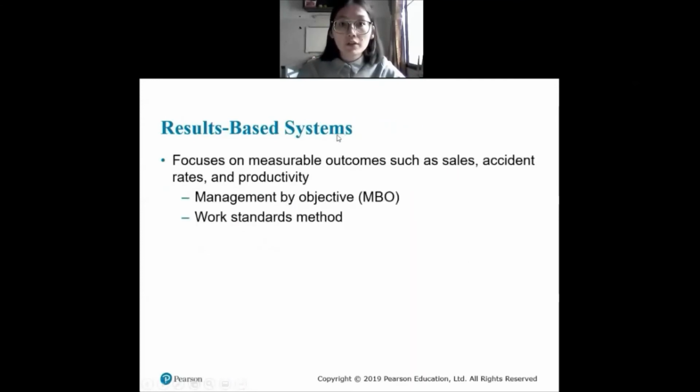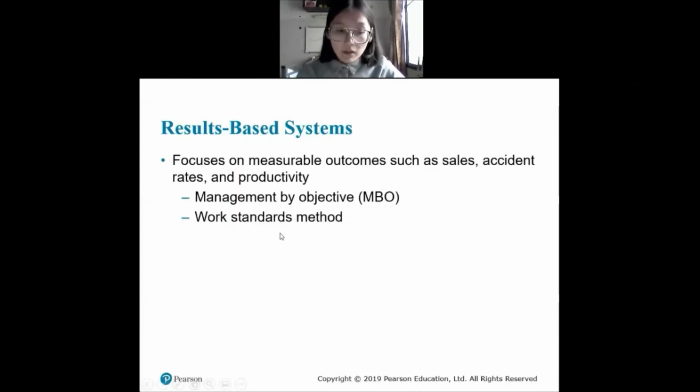Results-based systems focus on measurable outcomes such as sales, accident rates, and productivity. For example, management by objectives, MBO, is used mainly for managerial and professional employees and typically evaluates employees' progress towards strategic planning objectives, while the work standard method compares each employee's performance with a predetermined standard or expected level of output.